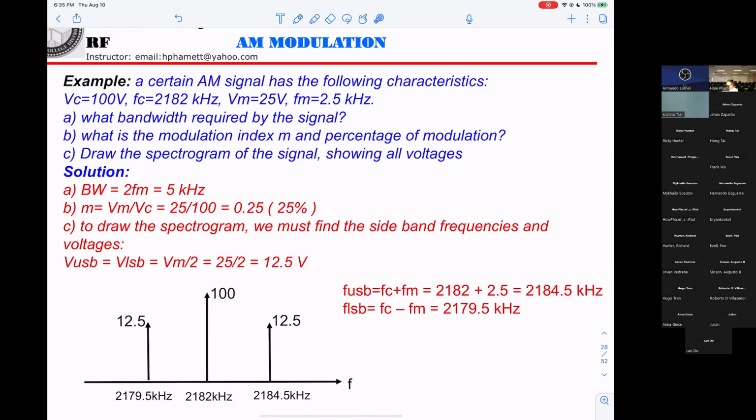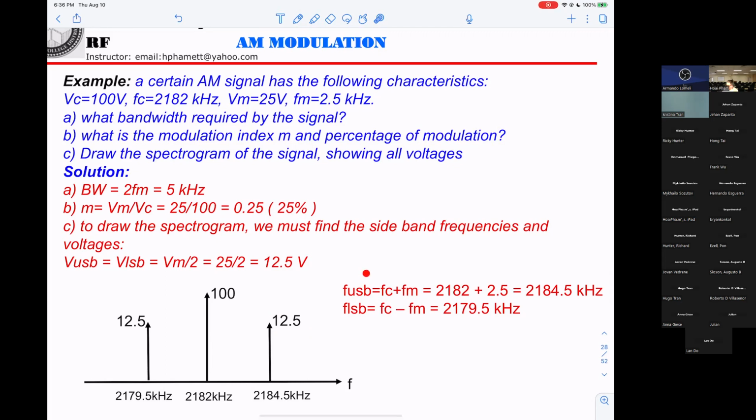To draw the spectrogram, we determine the sideband frequencies and the voltage. V upper sideband equals V lower sideband equals VM divided by 2. 25 divided by 2, you get 12.5 volts here.